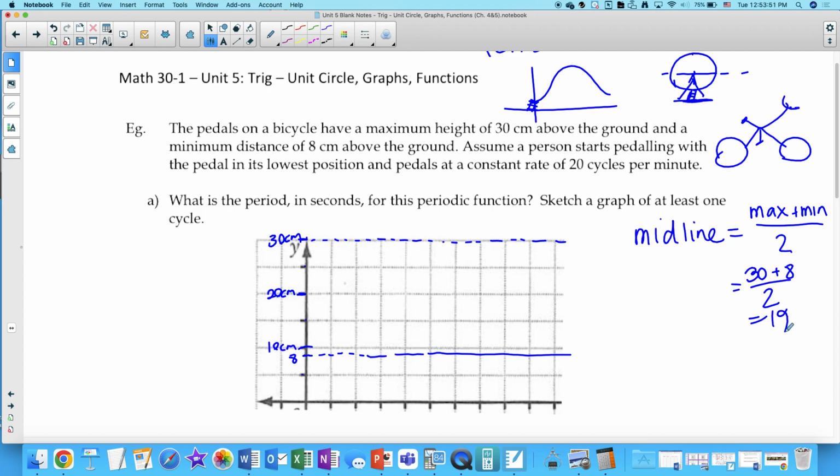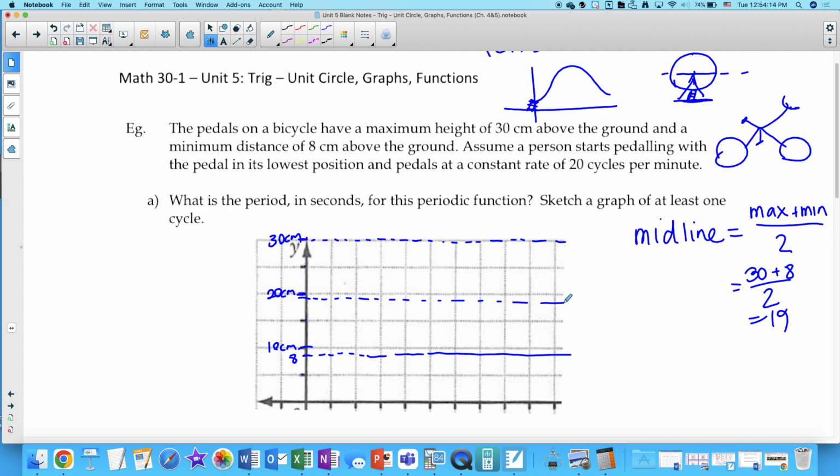Now, where does the 11 come in? Yes, the 11 is the amplitude. The amplitude is half the distance from the max to the min. The distance between two heights is the difference of those heights.